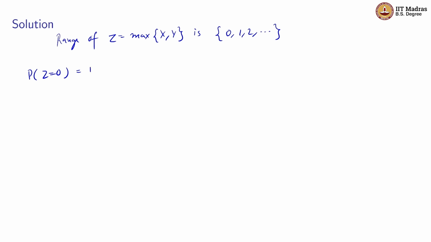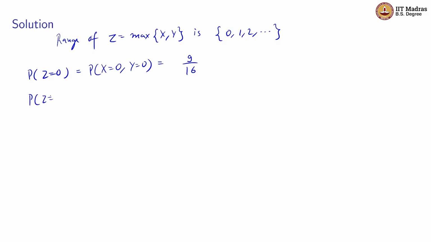So this will be equal to the joint probability that x is equal to 0 and y is equal to 0, because only in this pair the max is equal to 0. So this probability is equal to 9 by 16, by simply putting the value of x and y in the given joint PMF.